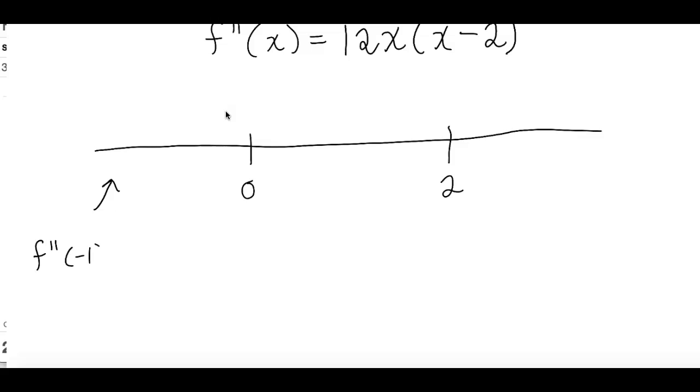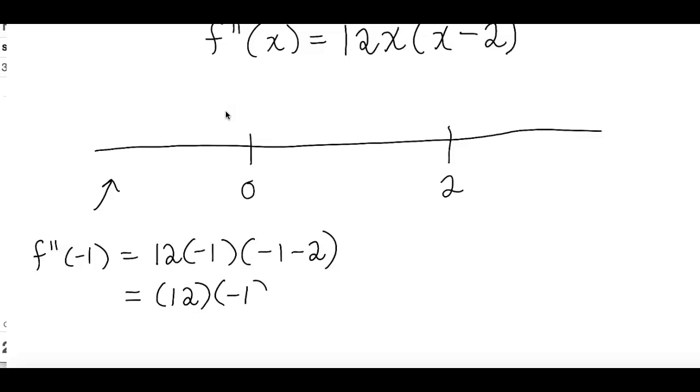If I plug in -1, I will get 12 times -1 times -1 minus 2. Guys, this is 12 times -1 times -3, isn't it? If we multiply two negatives together, this will be positive. Positive means this is concave up.